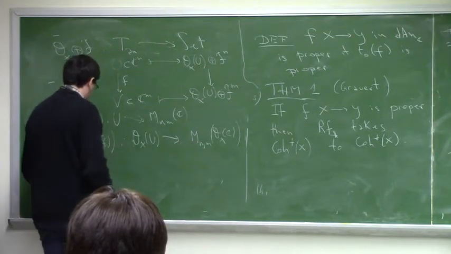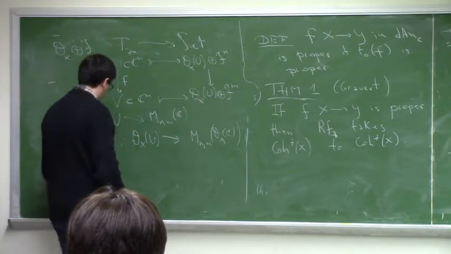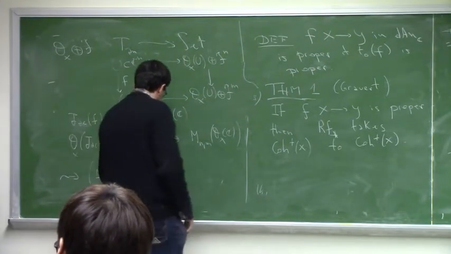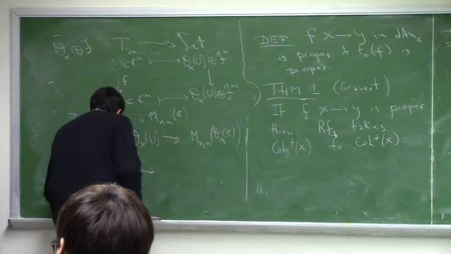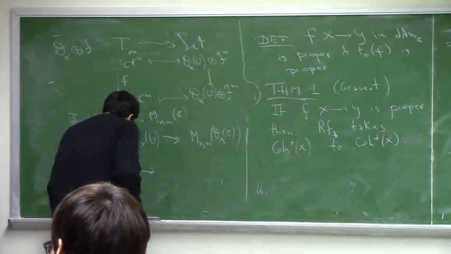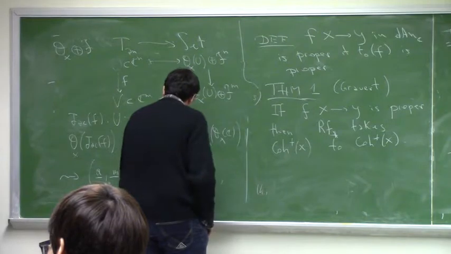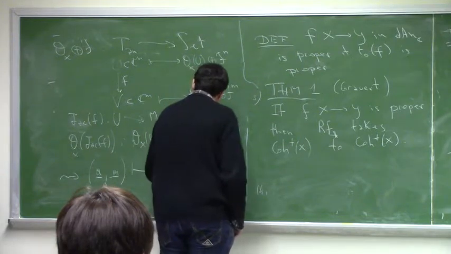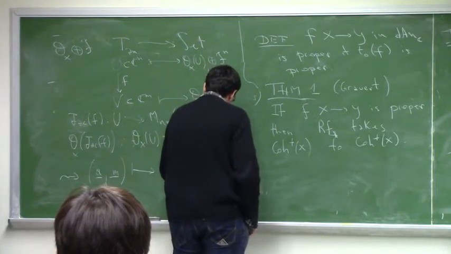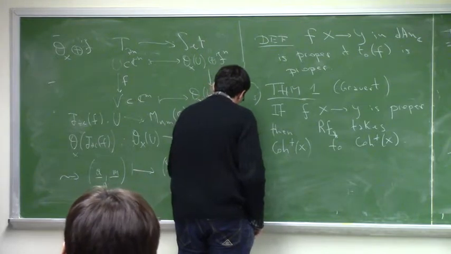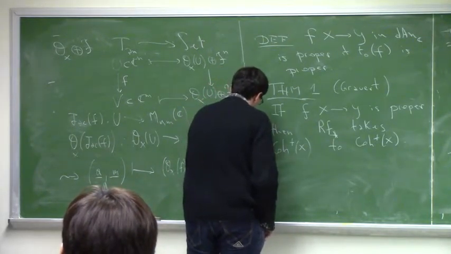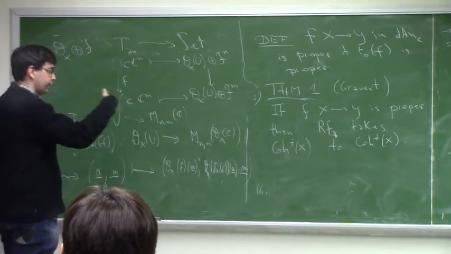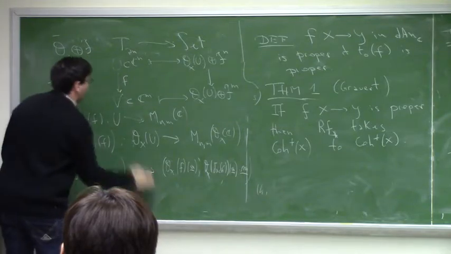So what I can do is I send A, M, which belongs to OX U plus Fn, to OX F evaluated on A. So the action on the module is somehow by the differential of the function I'm considering.